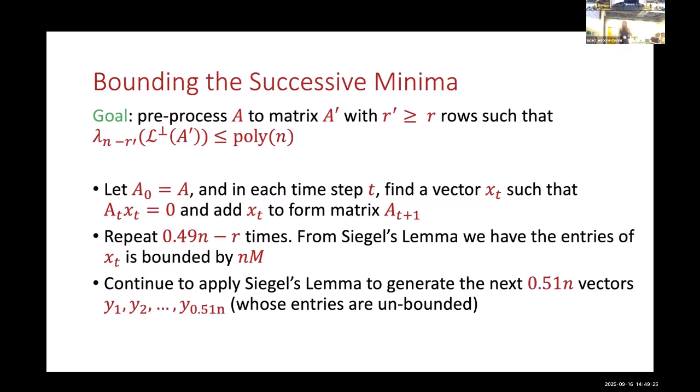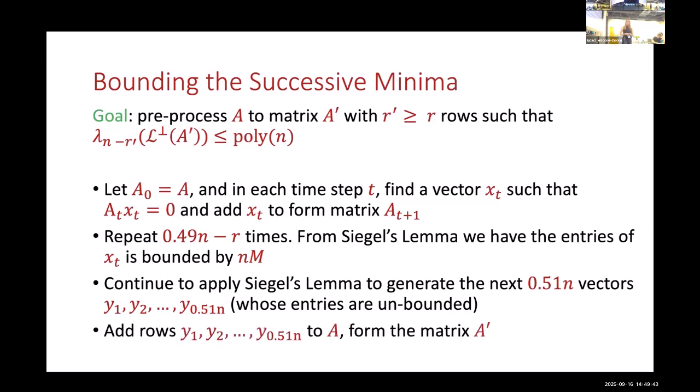And then we can continue applying Siegel's lemma and generate all of the remaining 0.51n vectors, y_1 through y_{0.51n}. And remember, as I just said, these vectors might actually have unbounded entries because of the bounds in Siegel's lemma. But to finish the preprocessing, we will take these last vectors, which may have unbounded coordinates, they might be exponentially large, and add these vectors to A to form the new matrix A prime.